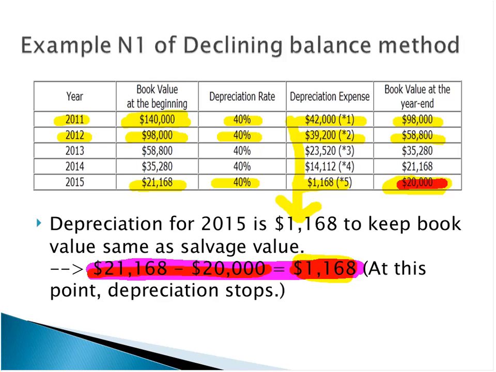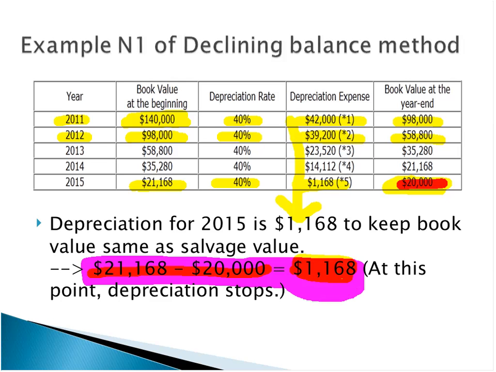Because the company wants to resell this equipment after 5 years of usage and get some benefit from the equipment, the 20,000. It's going to decline the depreciation expense in the 5th year, and just take the balance between the book value at the beginning and the book value at the end of the year, and put that amount, which is equal to 1,168, as the depreciation expense.